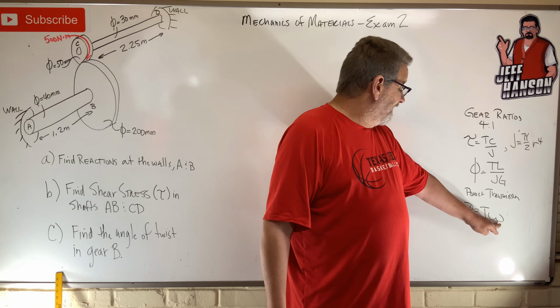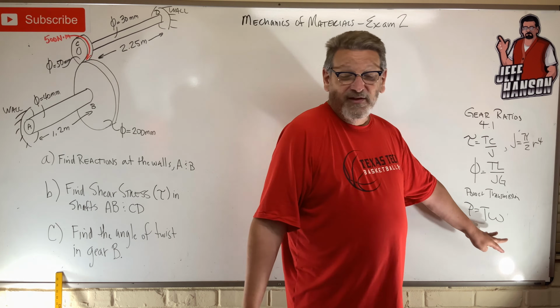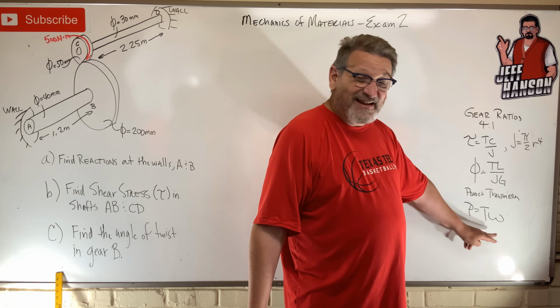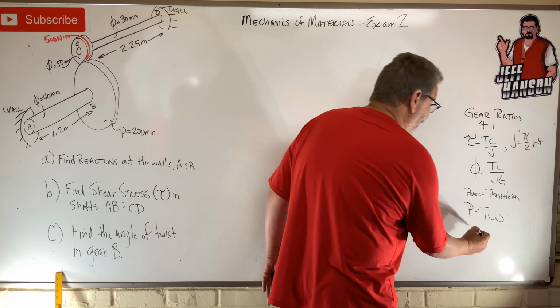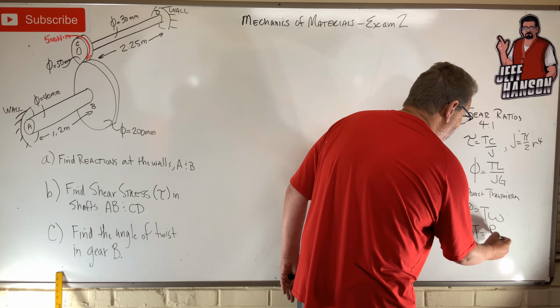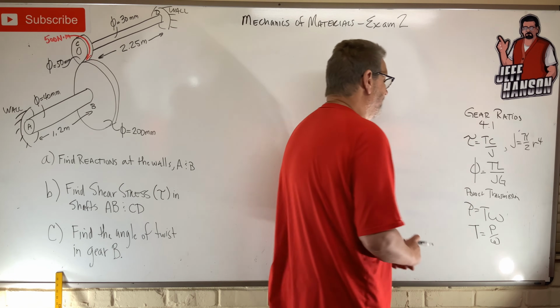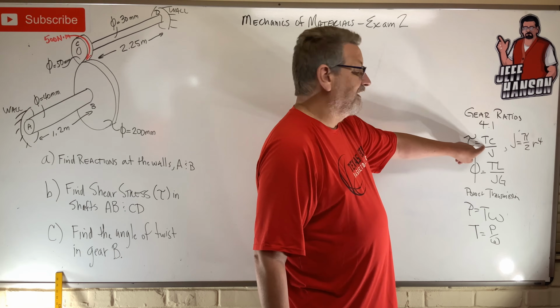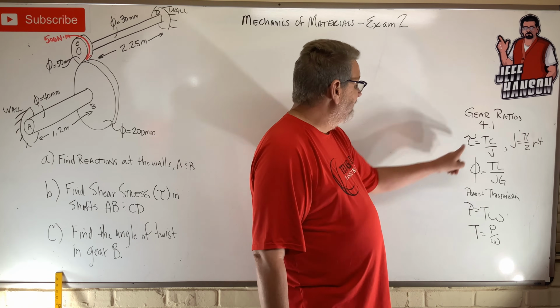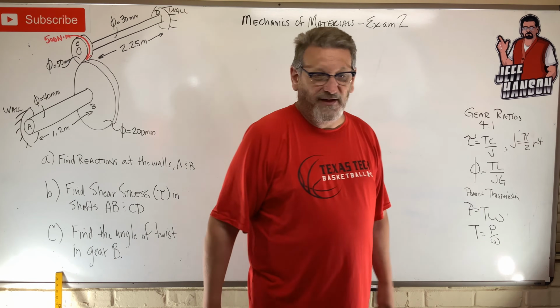I don't know why they call that booty. But this is usually a fancy way to have to determine what T is, because it's P divided by omega. So it's just a fancy way to make you do something else to come up with T, to put in that equation and solve.